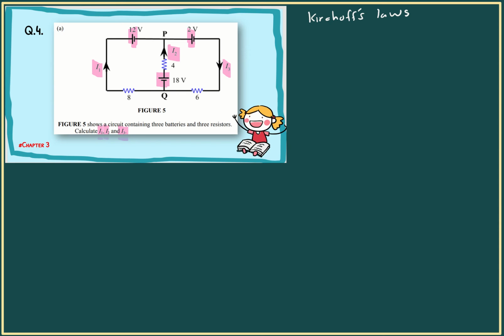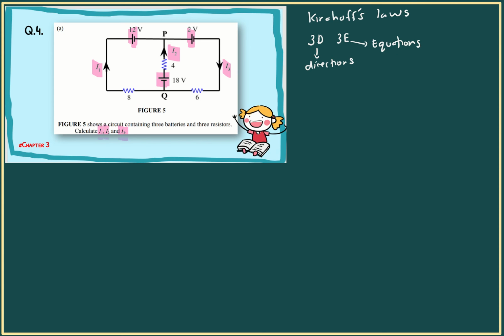So let us recall, to solve with Kirchhoff's law, we have to have 3Ds and 3Es. You have to have 3 directions and also 3 equations. Only after that can you solve your circuit to get the currents I1, I2, and I3.